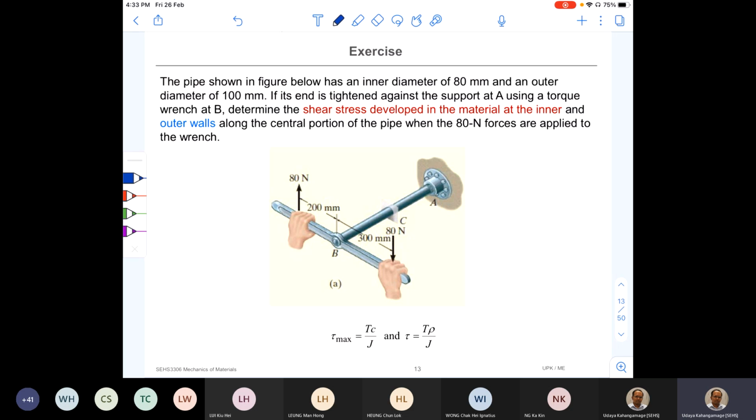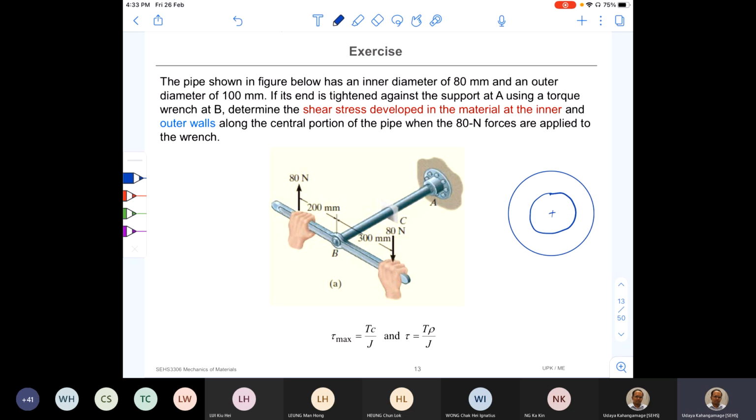Right. So what it says: the pipe shown in the figure below has an inner diameter of 80 millimeters and an outer diameter of 100 millimeters. So it is again a hollow circular section. Just try to visualize always, right?